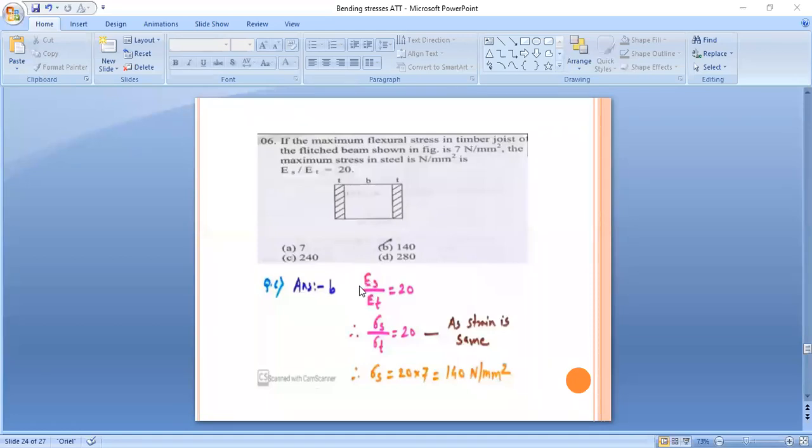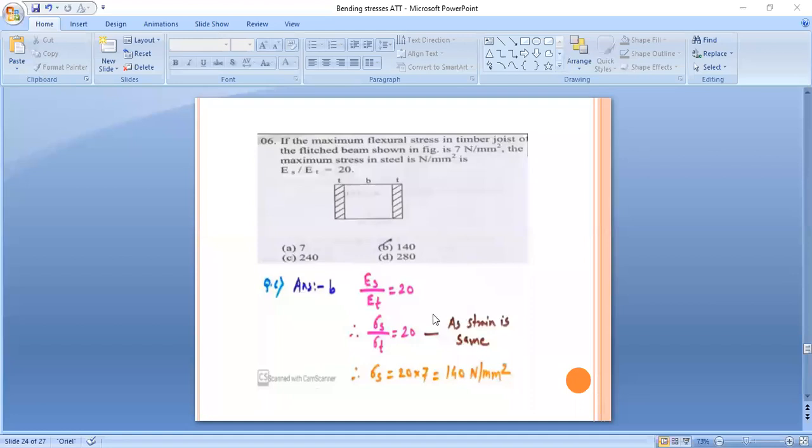So modulus of elasticity of steel divided by modulus of elasticity of timber is equal to 20. This is given. So sigma s upon sigma t, that is stress in steel divided by stress in timber, is equal to 20, as the strain is the same.